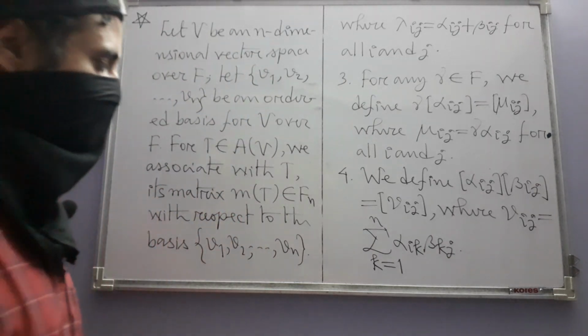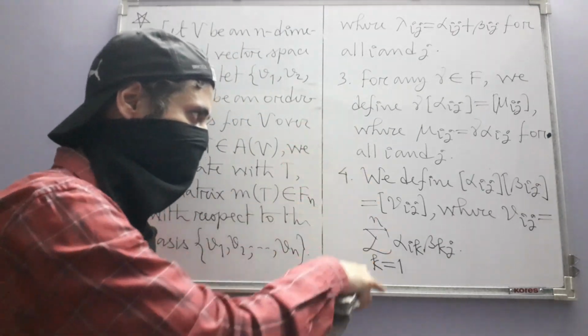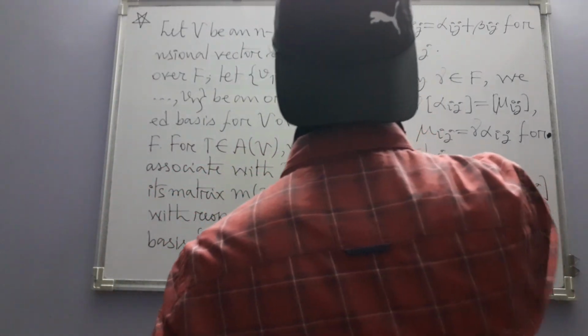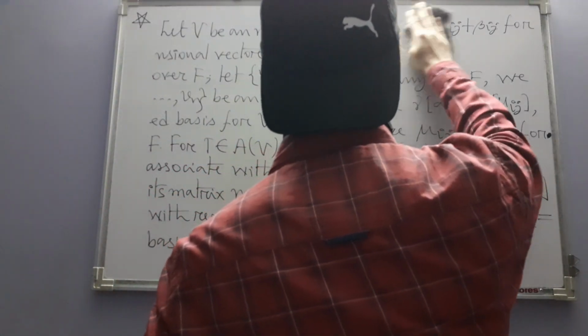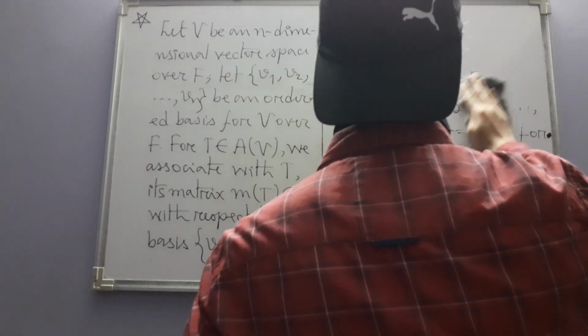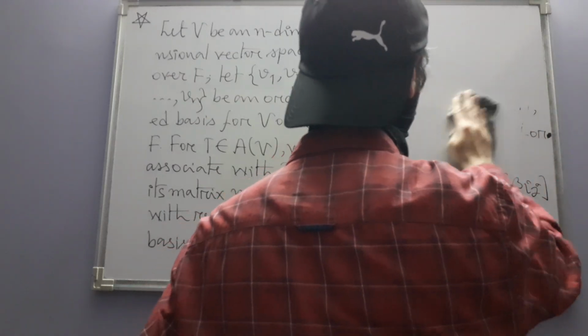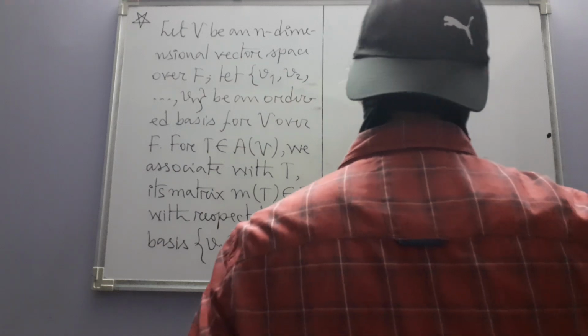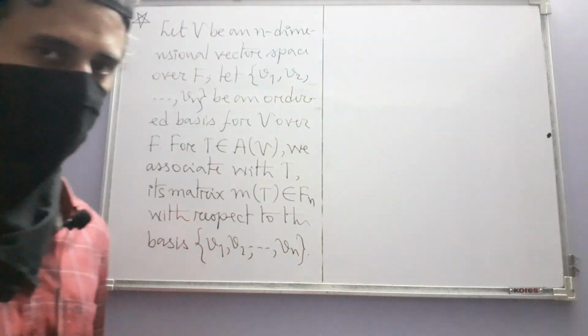And because we have used this association to define those things on Fn, this association gives us an algebra isomorphism from the algebra A of V onto Fn.